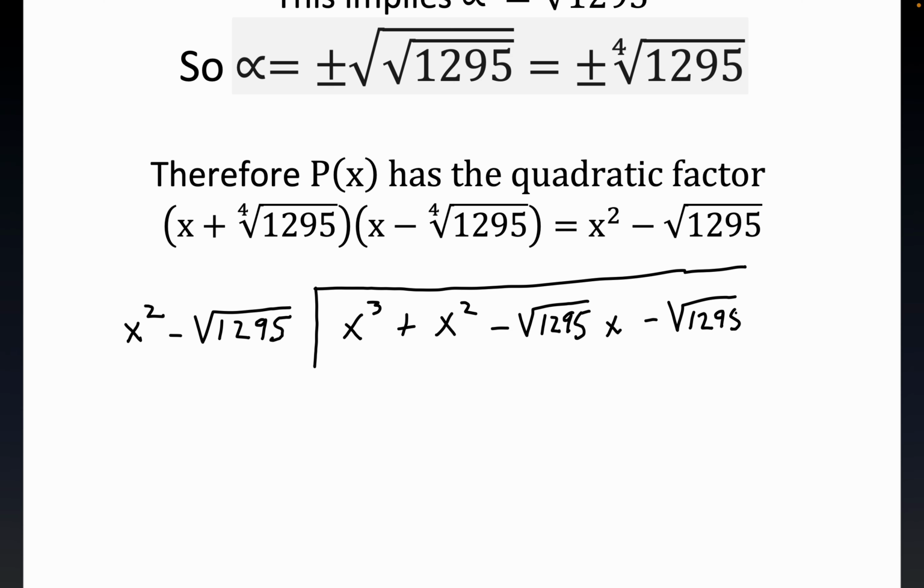The long division is going to require an x as the first term in our quotient. So x times x squared gives you the x cubed that you want to get rid of. Now we'll take this x times minus the square root of 1295 and line it up right here.